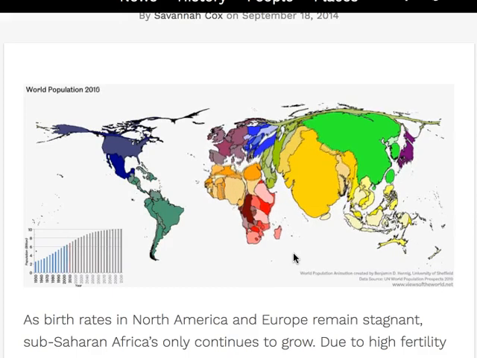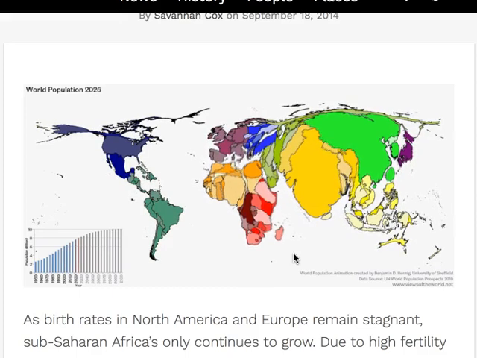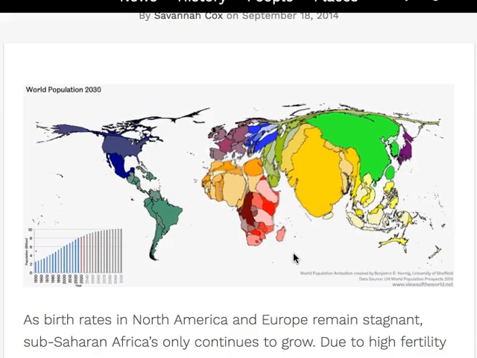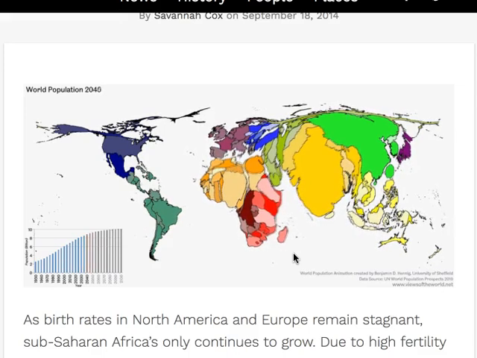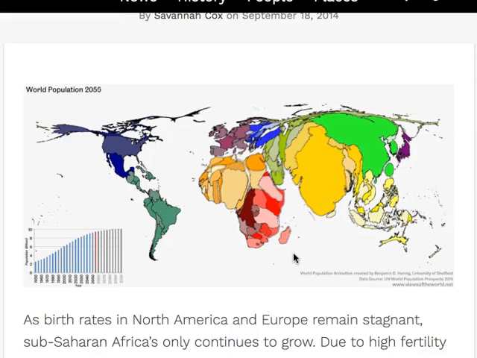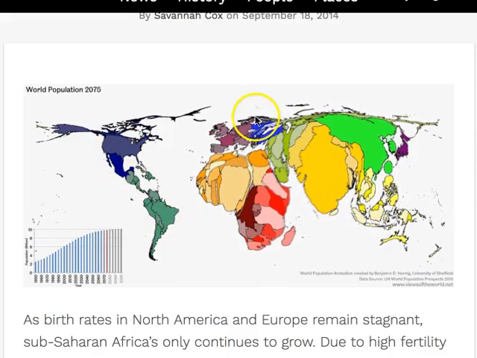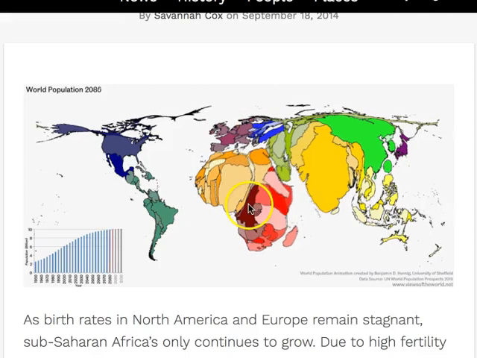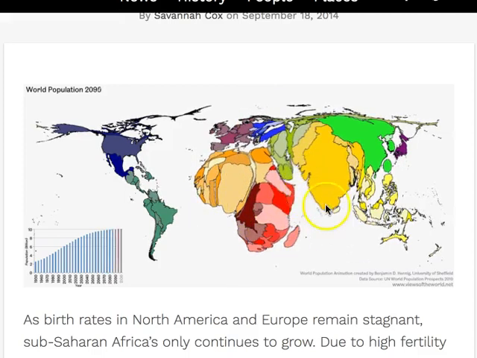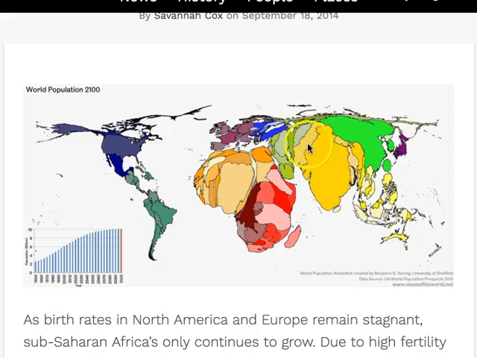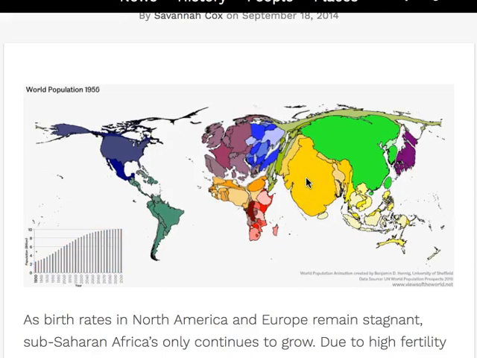I'm going to explain why that's true on the next slide, but for now, I think it's interesting to see where the population is projected to be growing around the globe: shrinking in the Americas and in Europe, growing in the continent of Africa, and especially here in Southeast Asia.